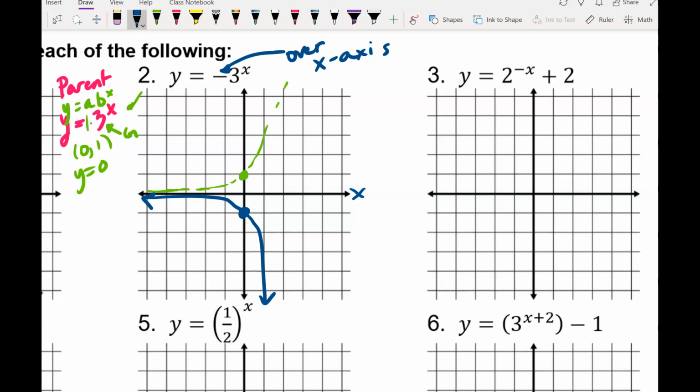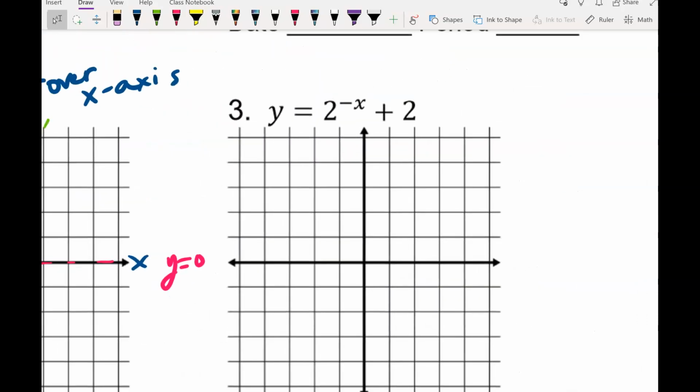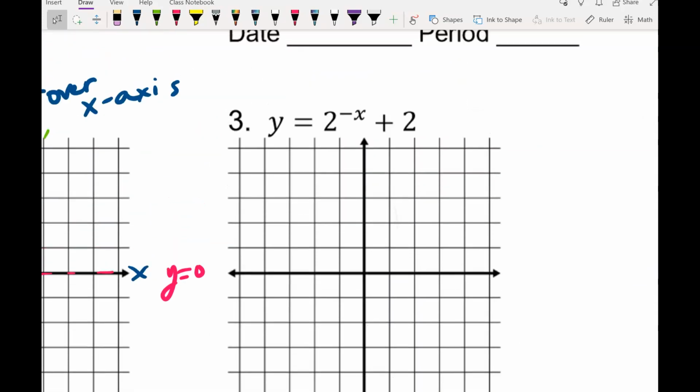And I notice that the asymptote is still at y equals 0.